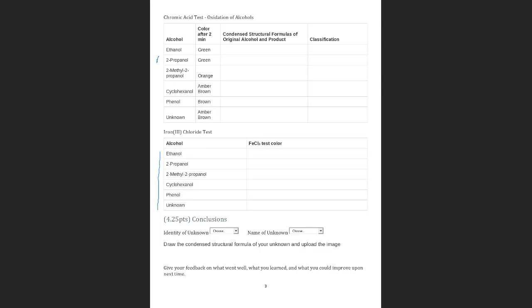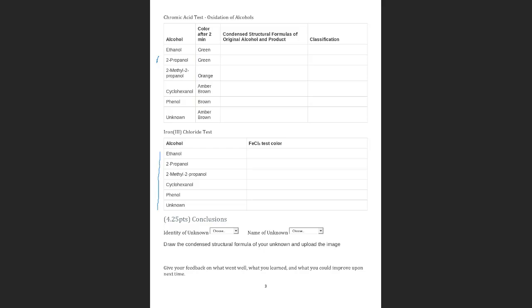And then the last part of the report is to identify your unknown. Depending on the sample data, you will compare and find out which one it is, using the results of the tests, as we just said. But the easy part is that it's going to be one of the 5 compounds used in this experiment.